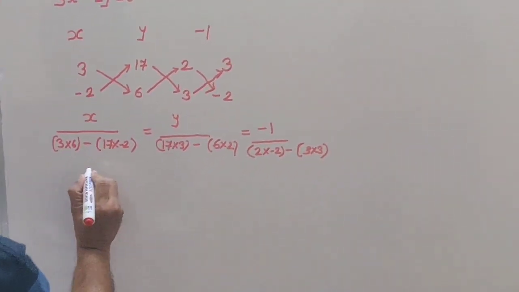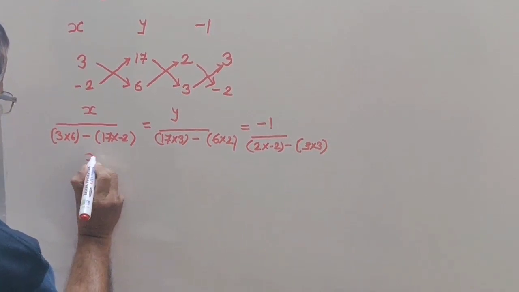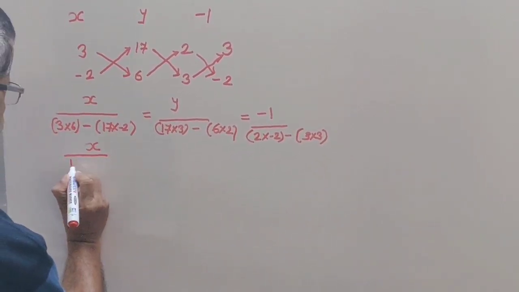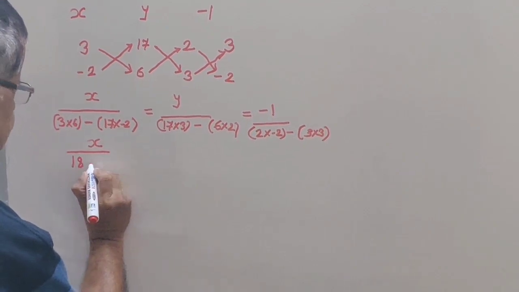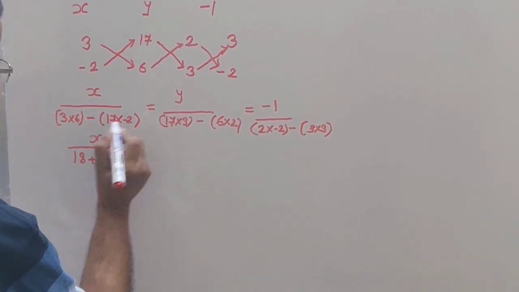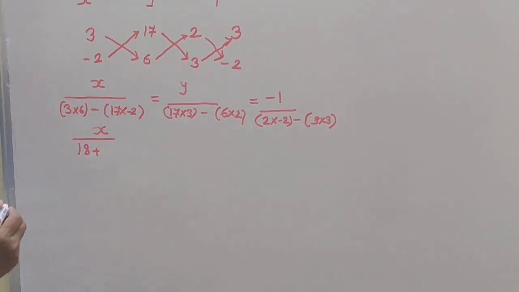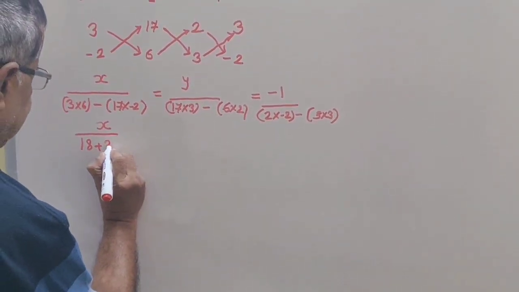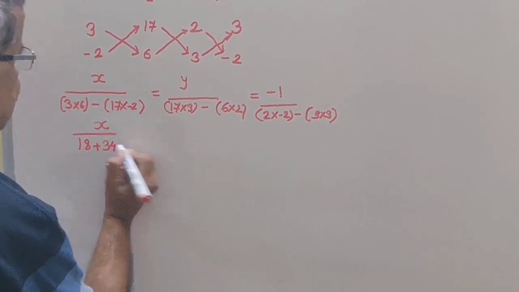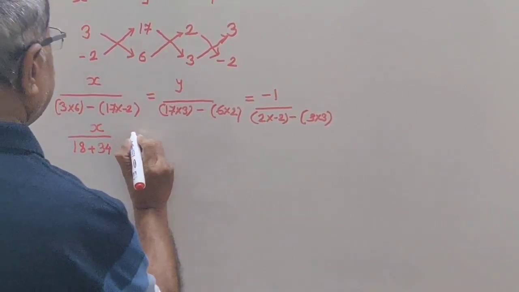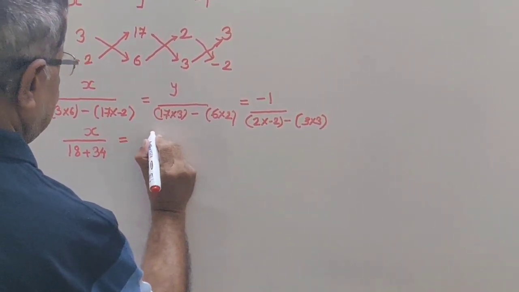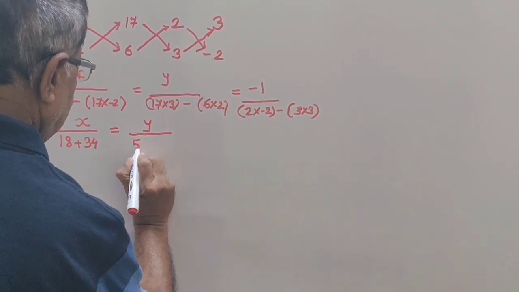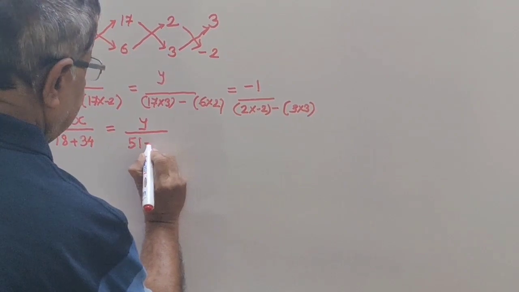Now I will start by solving x. 3 6 18 plus 17 into minus 2 is minus 34, and minus minus will come to be plus. Write down here 34. Now simplify the y also. 17 3 51, minus 12.